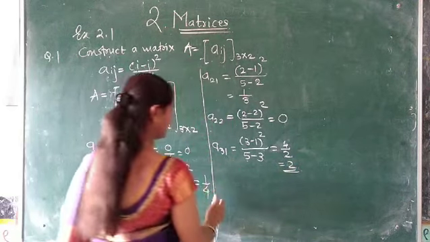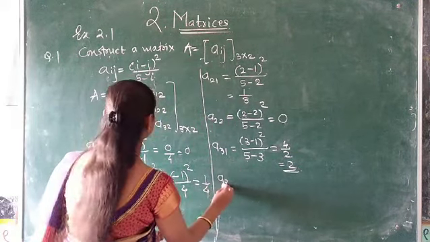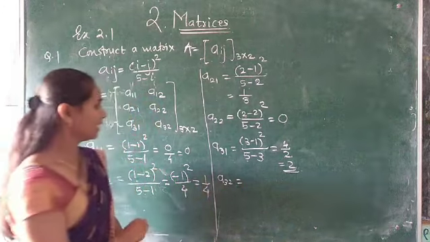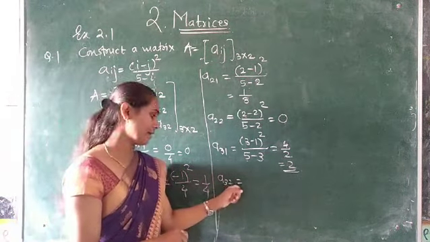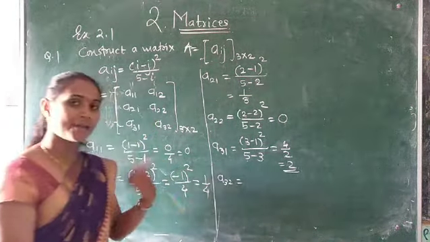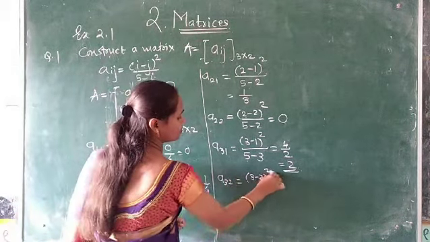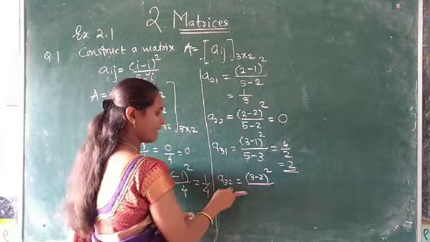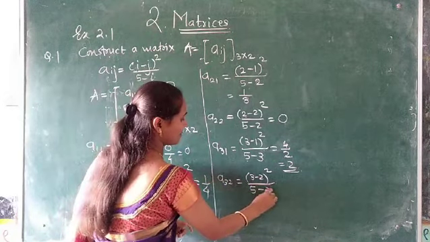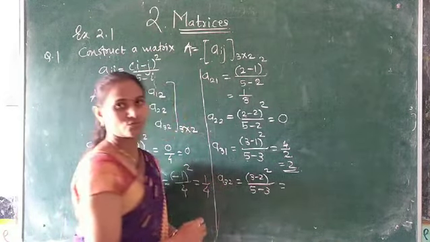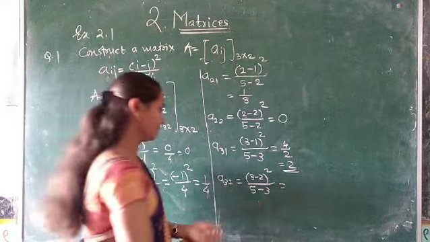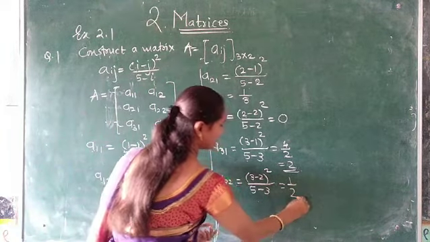Now A32: the value of i is 3 and j is 2. So (3 minus 2) square divided by 5 minus 3. 3 minus 2 is 1, 1 square is 1, and 5 minus 3 is 2.